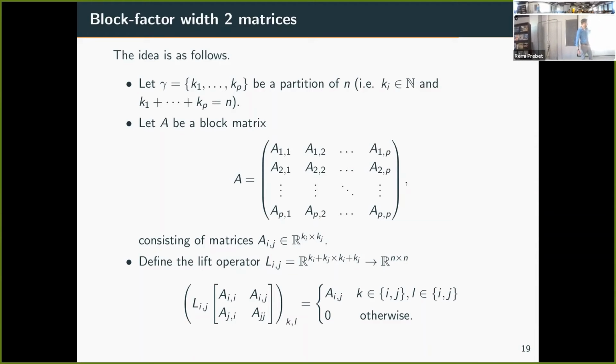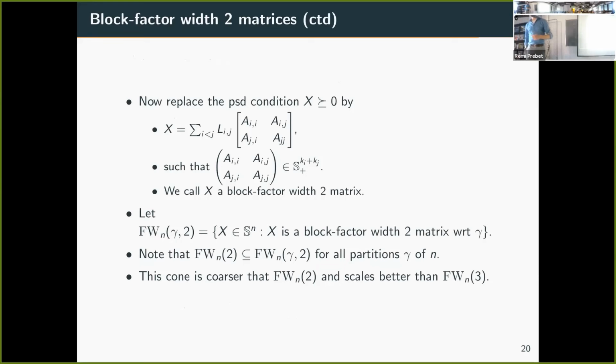So in the end, all blocks are zero except the ii, ij, ji, and jj blocks. And now what you can do is replace the positive semidefiniteness condition in your program by the condition that X is the sum of these linear operators.